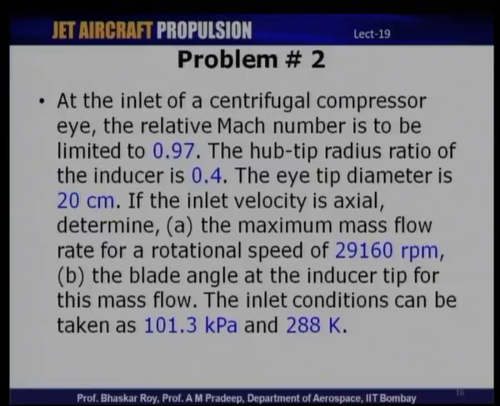So, given these conditions and parameters, we need to find the maximum mass flow rate. If the Mach number is to be limited to 0.97, we also need to find the blade angle at the inducer tip for this particular mass flow rate. So, let us first start with the velocity triangles, as we have been doing always. Let us get the velocity triangles first and then proceed towards solving this problem.